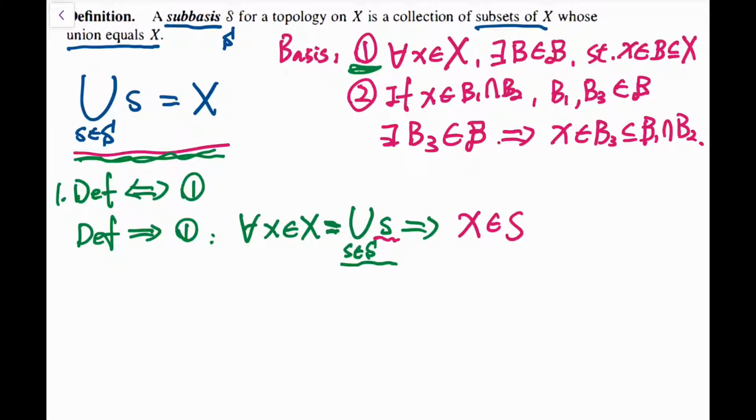Okay, so x should belong to one set, and we can give this set a special name. We can denote it as Sx because it contains the point x, and because this Sx is from the collection big S, it should be a subset of X.